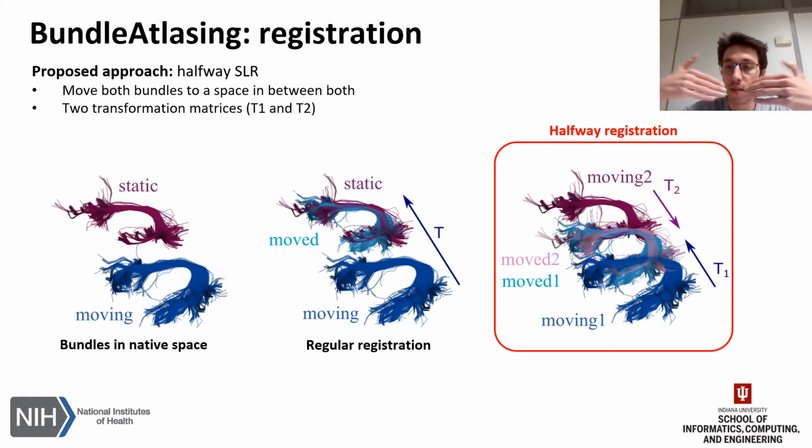So we align both bundles, but not to the space of any specific bundle, but to a space that is defined in the middle between both. This way we are avoiding any kind of bias, as the result is defined by both bundles, so both bundles are contributing equally to the space resulting from the registration.